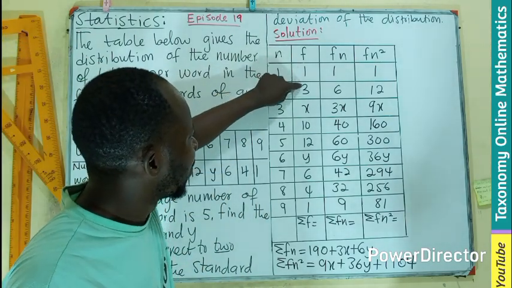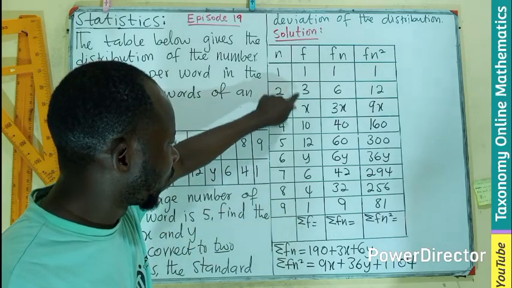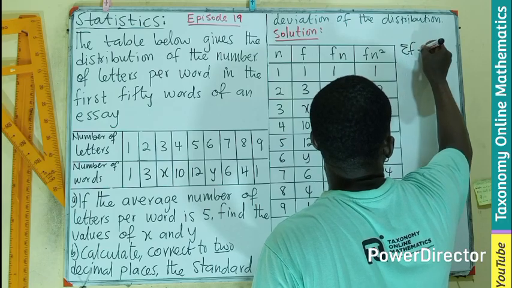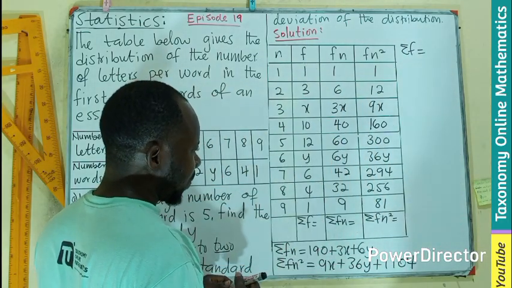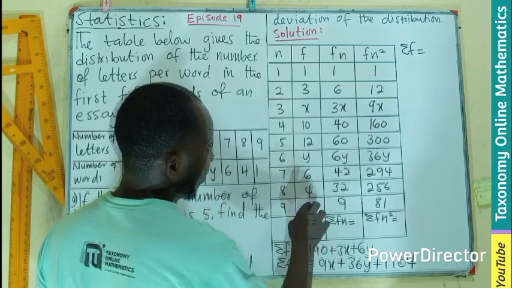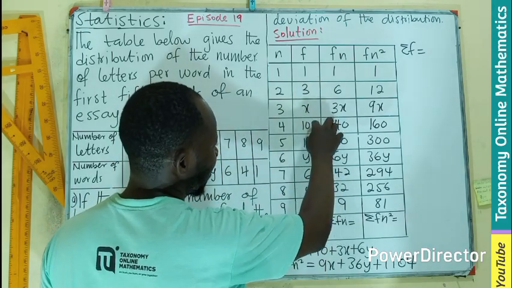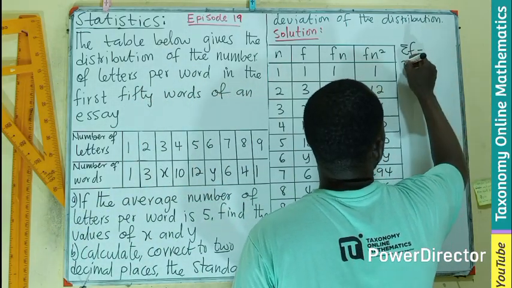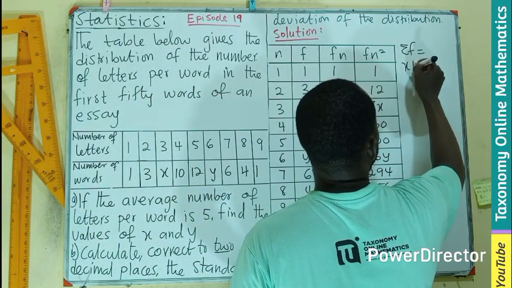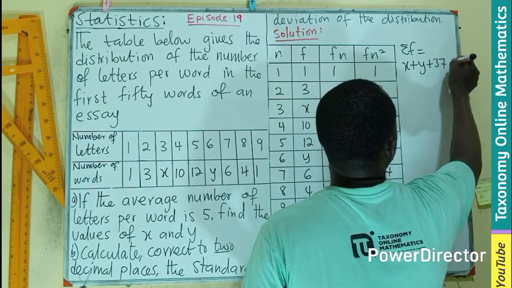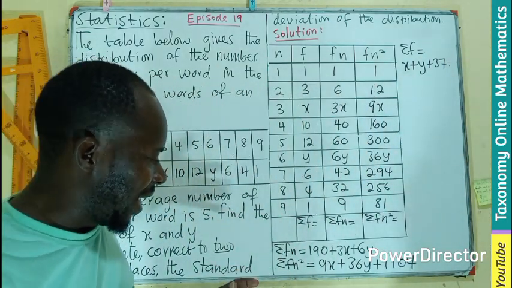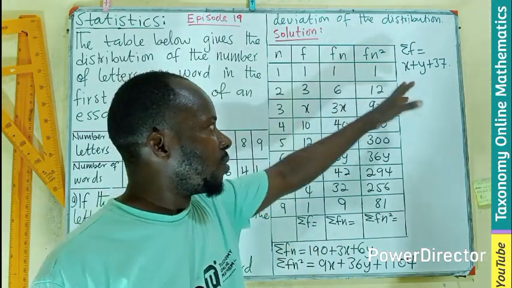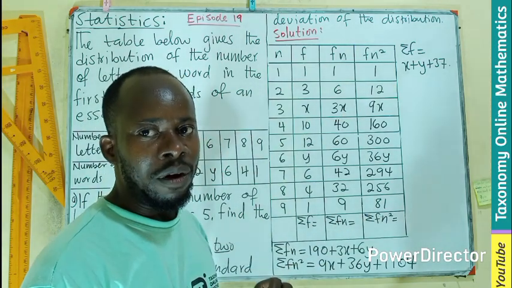I think we need sigma f also. Addition of all of this should give us 10, 20, 30, 37, so it should be x plus y plus 37. So in this case, we have three different expressions, with variables x and y featured in all of them.